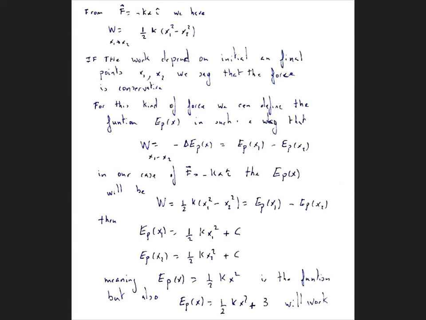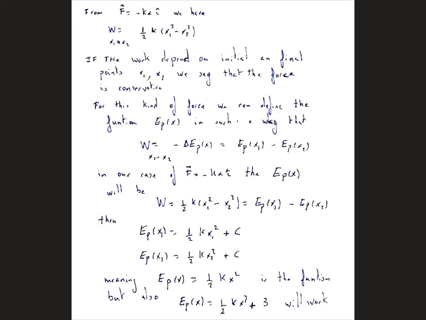In our case, the work is given by this, and the potential energy that will match this equation will be 1/2 kx squared plus C, because if I take this quantity minus this quantity, it will be the work. So this is the potential energy.